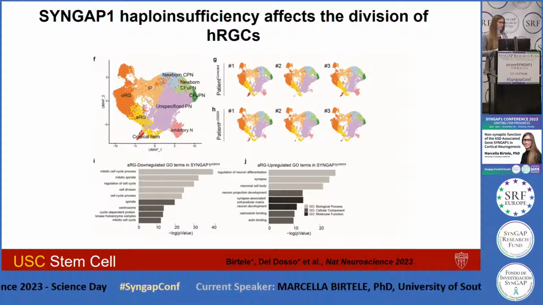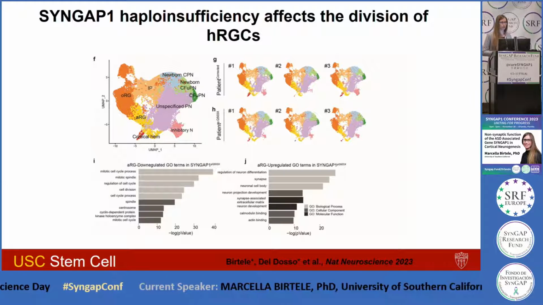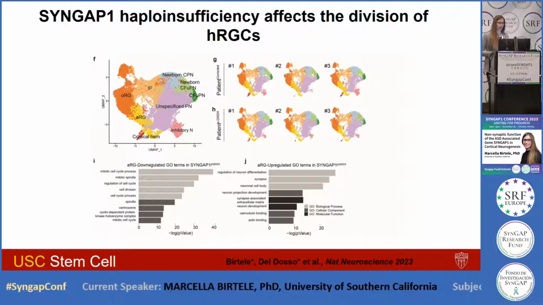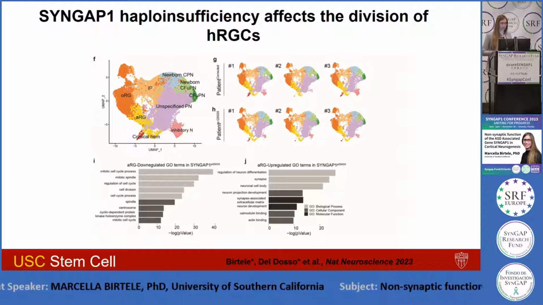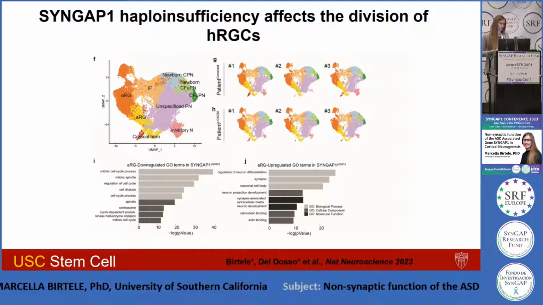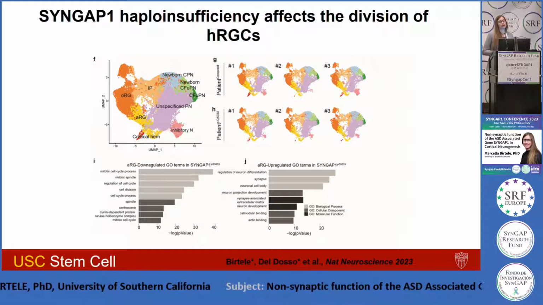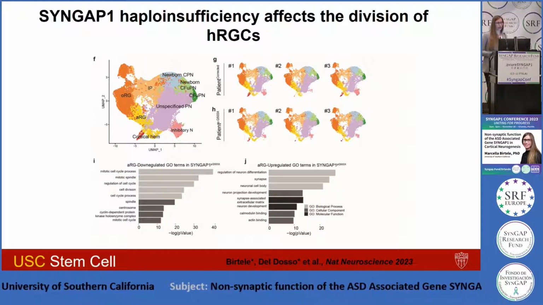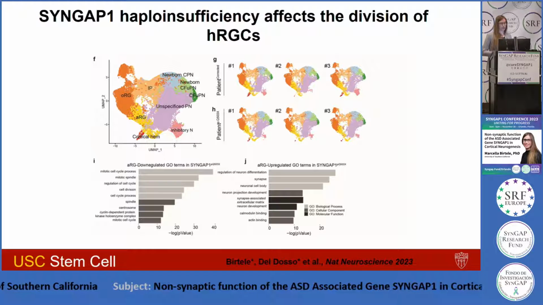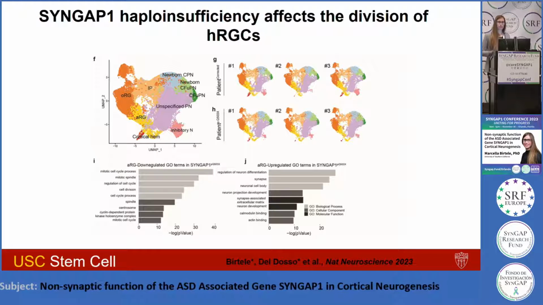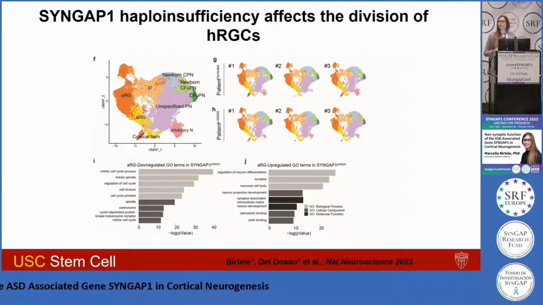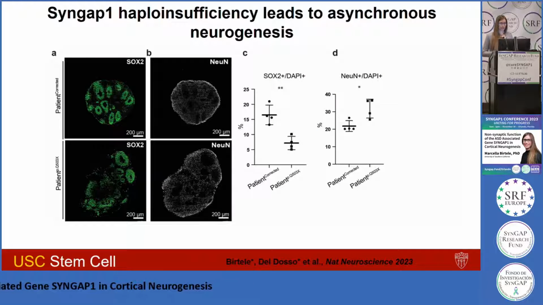So we used single-cell sequencing analysis on 2-month-old organoids from control and patient-derived lines. And we really zoomed in on the apical radial glia cell population here in yellow. And what we saw was that if we look at the terms that were expressed in apical radial glia in the SYNGAP patient line, we had a complete downregulation of self-renewing genes, and there was a clear upregulation of neuronal genes, really suggesting that there is an effect on the division mode of these radial glia cells.